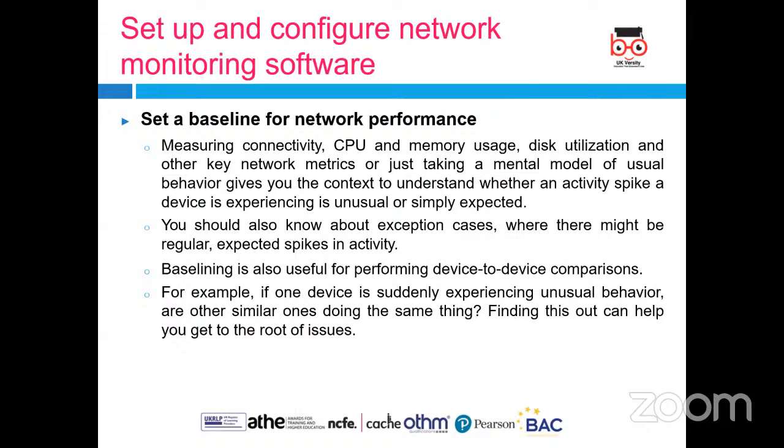With this baseline, the disk utilization and other key network metrics, or just taking a mental model of user behavior, gives us the context to understand whether a spike a device experiences is unusual or is simply expected.